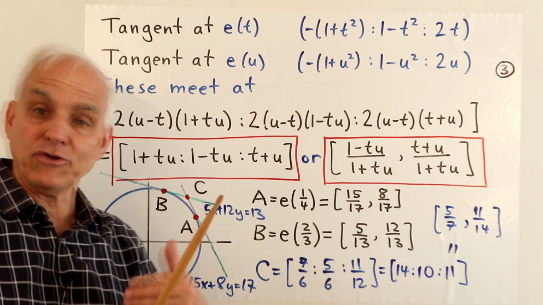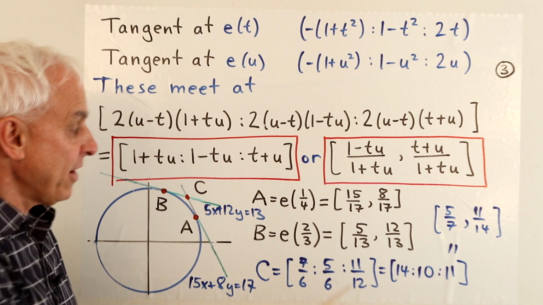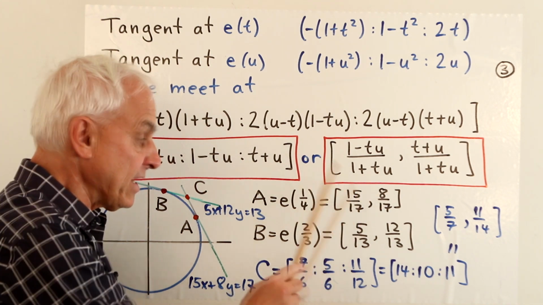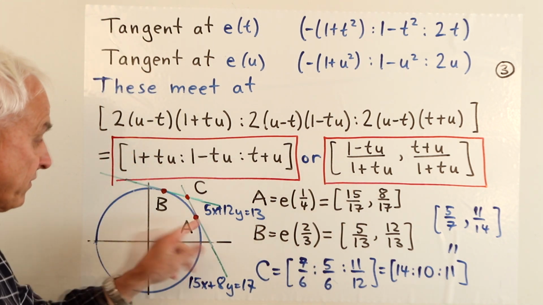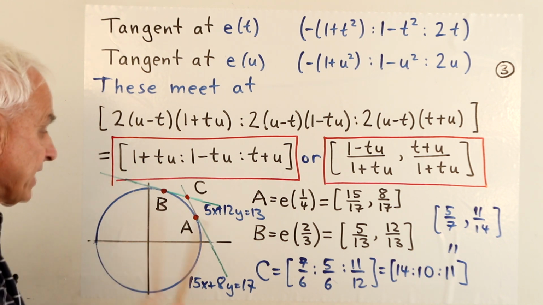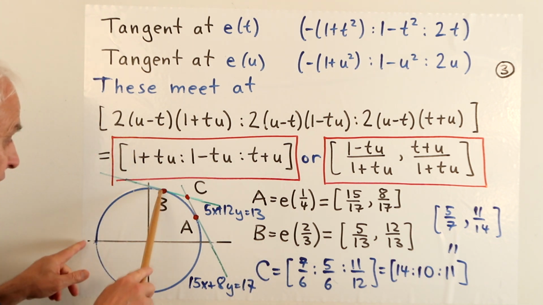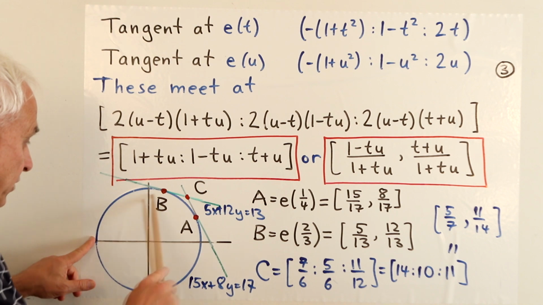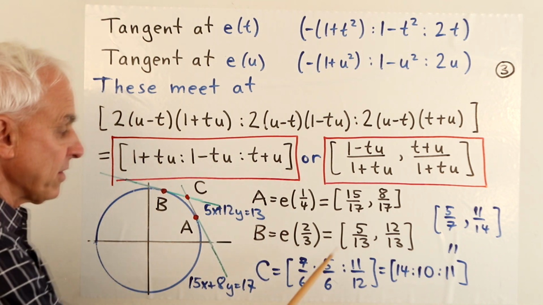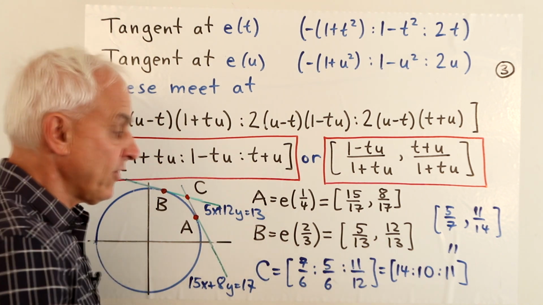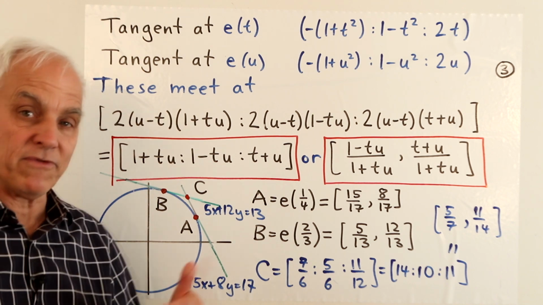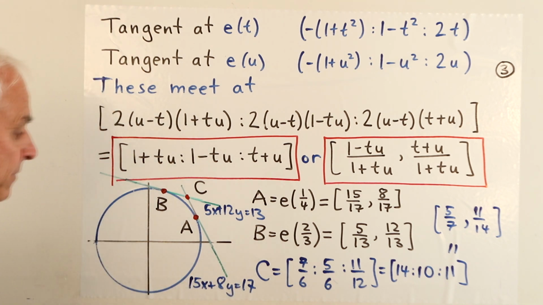So there's a Pythagorean triple involved implicitly there. The Pythagorean triple 8, 15, and 17. That's the coordinates of A. And B, let's say, is E of 2/3. So what you get when you go up 2/3 here and join up, that's the point (5/13, 12/13), of course associated to the triple 5, 12, 13.